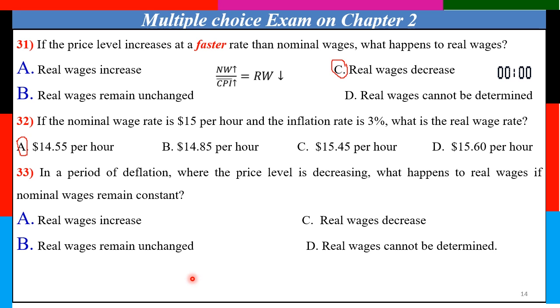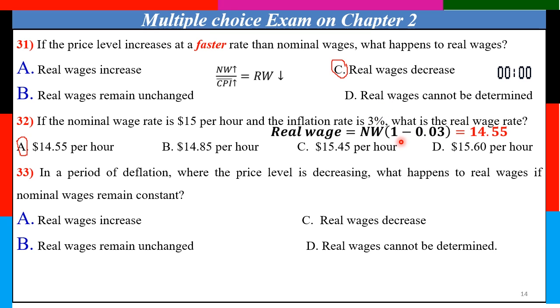How can you get this one? Real wage is equal to nominal wage times 1 minus 0.03. 1 means the full 100%, and 0.03 comes from this 3%.